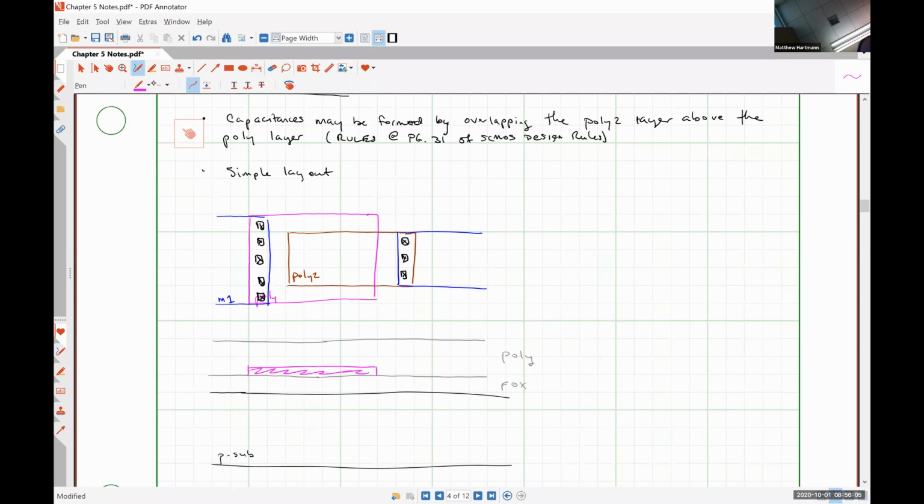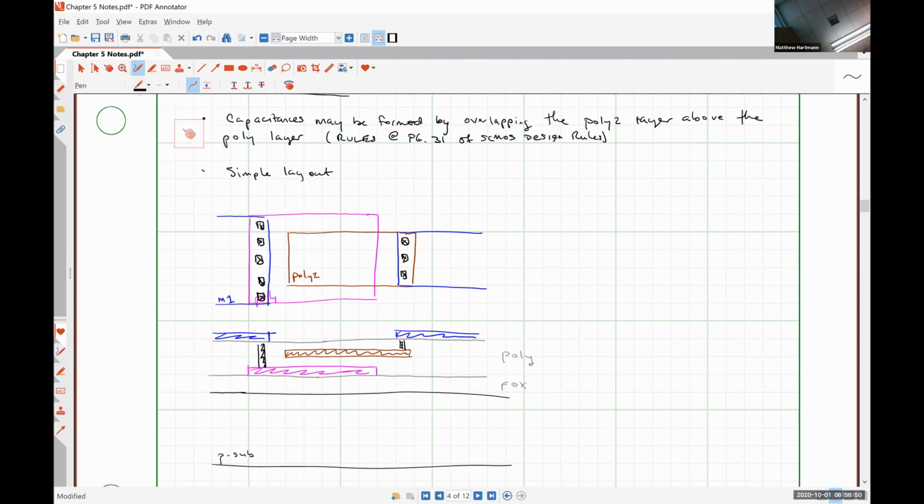And then poly 2, which I'm doing in brown, is physically distanced from it by a bit and buried within that insulation layer. Like so. Then we would finally see up above our metal 1 layer here and here, and the connections are made using these vias. Like so. All right.